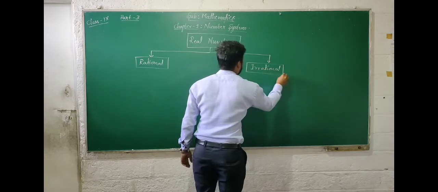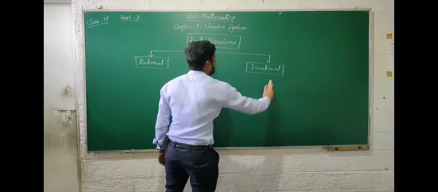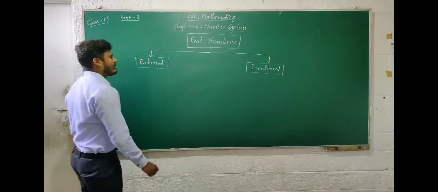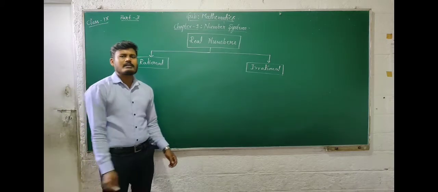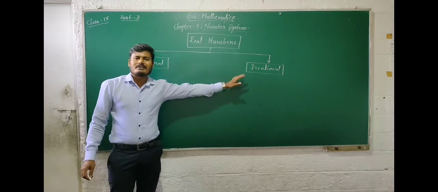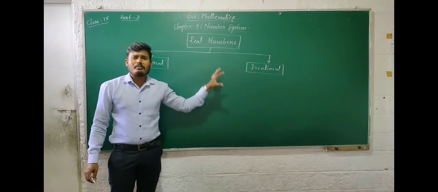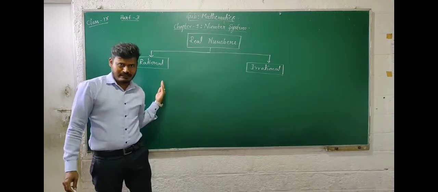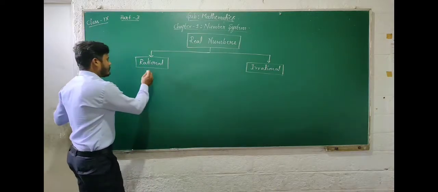Rational and irrational. Then it is one separate category. We know that irrational numbers mean root 2, root 3, root 5, root 7. These are all examples of irrational numbers. Those examples are not related to this part.